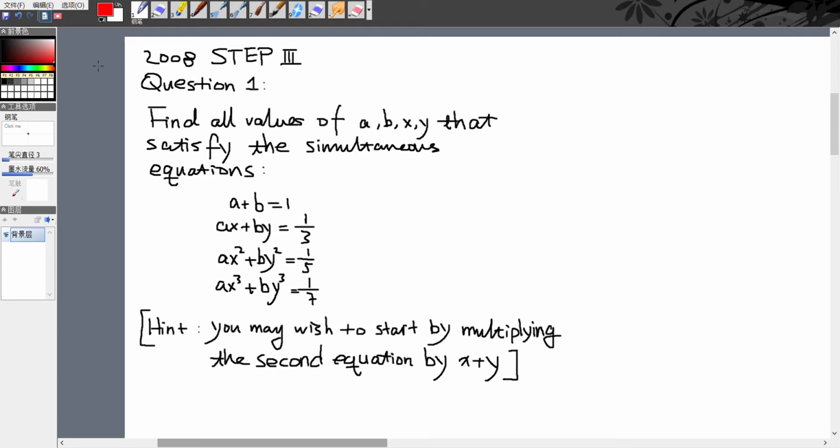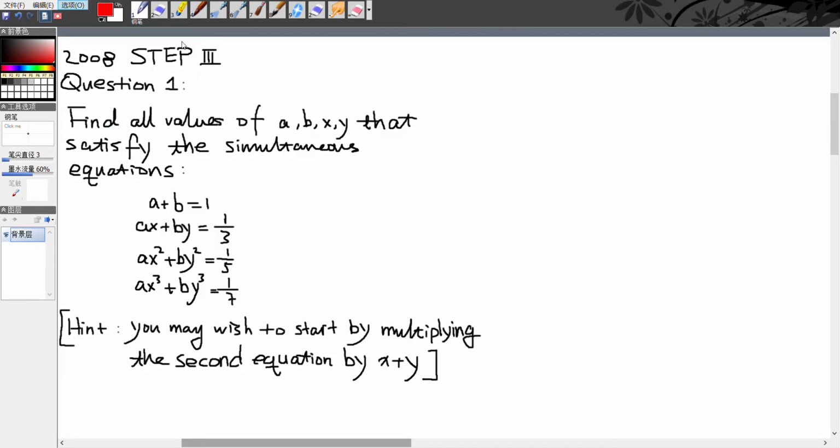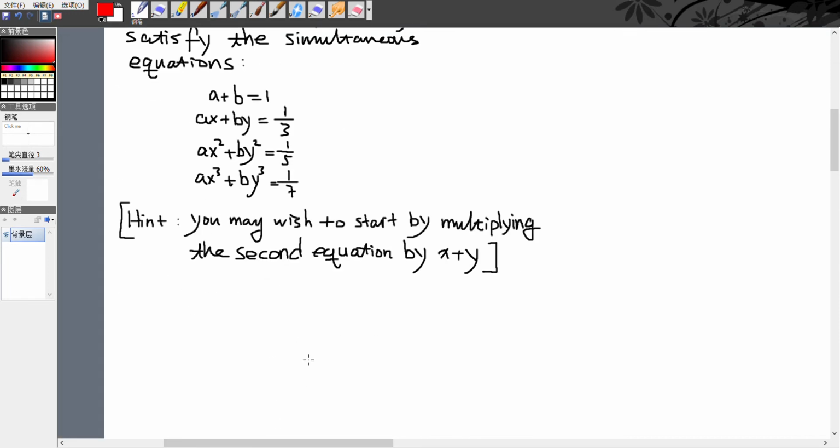Maybe the first thing to do is just following the hint that is provided by the question. Let's see what will happen if we multiply the second equation by x plus y. This is our second equation, ax plus by times x plus y is equal to 1 over 3 times x plus y.